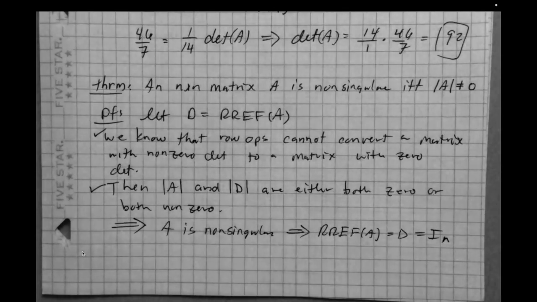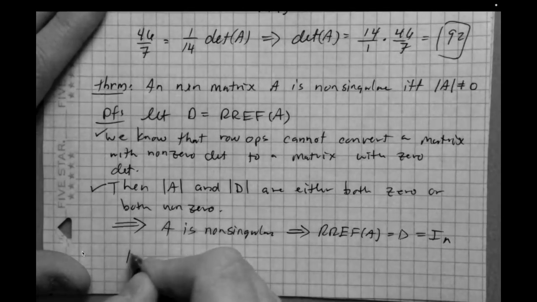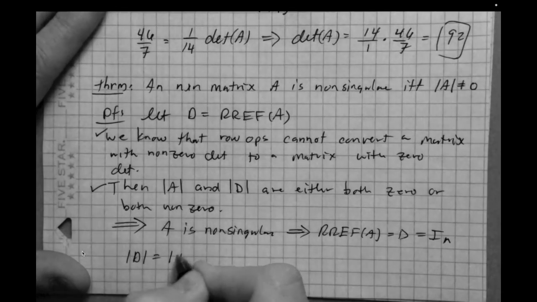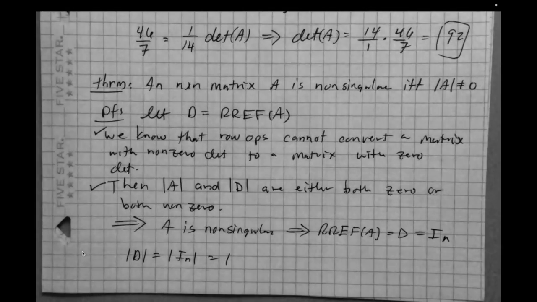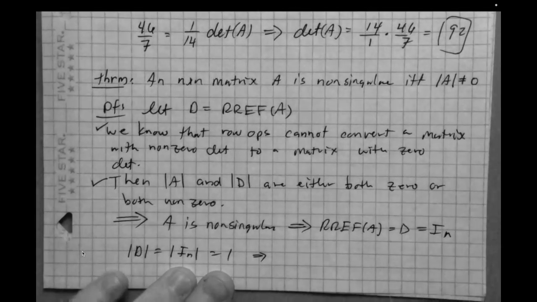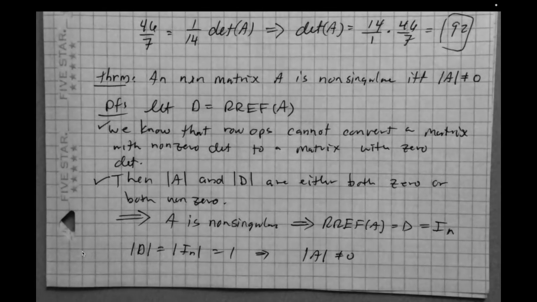Now obviously the identity matrix is an upper triangular matrix with all ones on the diagonal, and so clearly the determinant of D, which is the same as the determinant of the n by n identity matrix, is equal to 1. And so obviously the determinant of A is non-zero since the determinant of D is non-zero.